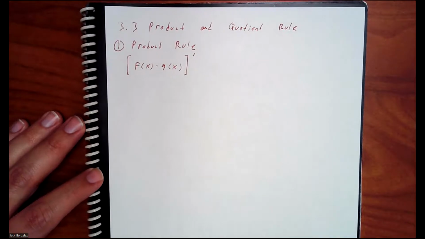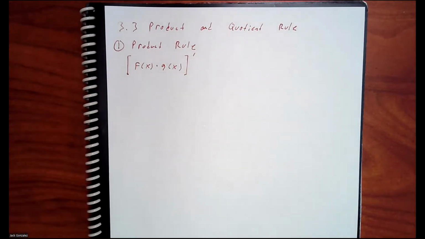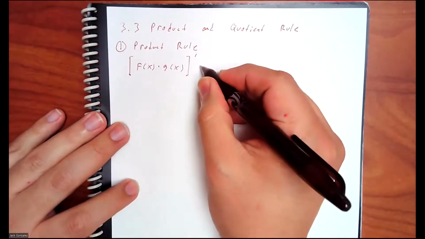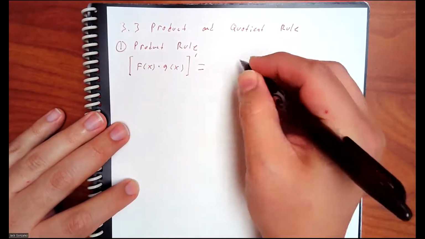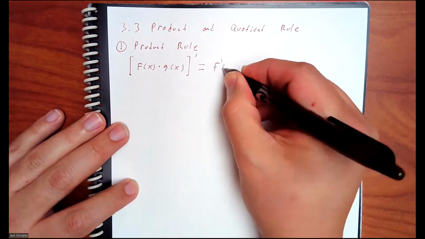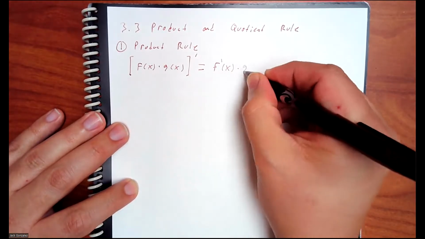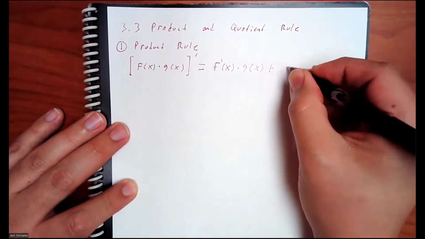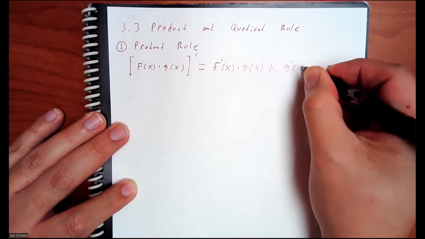So 3.3 is the product rule. Basically, if you have a product of two functions and you're taking the derivative of the entire thing, this is what happens. You take the derivative of the first one and multiply by the second function, plus the derivative of the second function times the first.